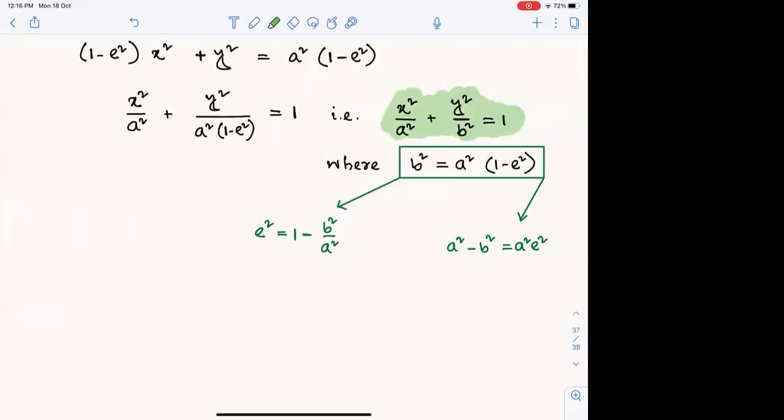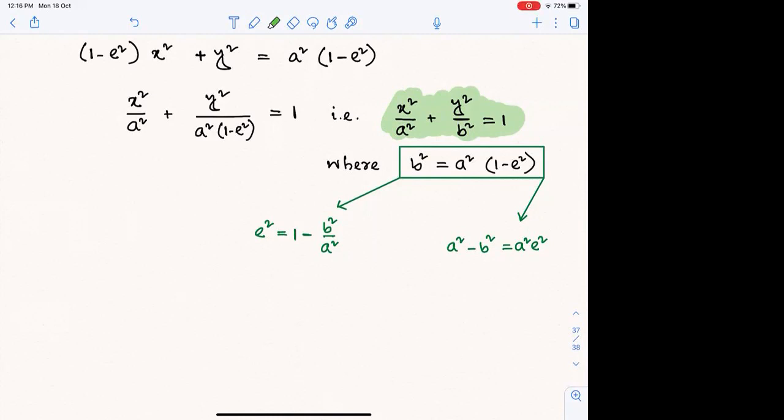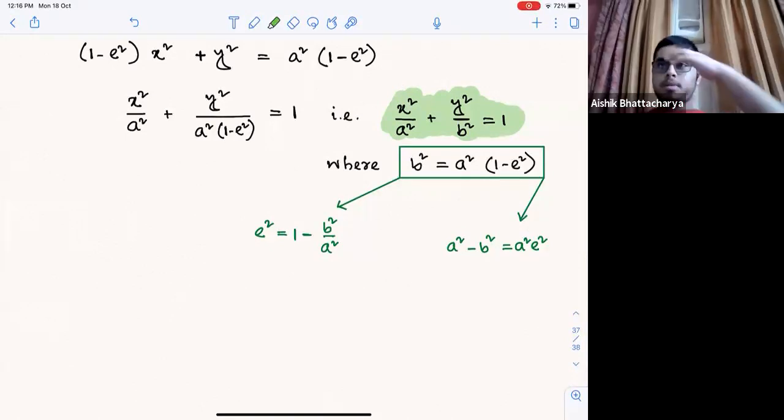Because replacement of y with minus y does not make any change. So what we are going to get is symmetric about the x-axis. Is that okay with everyone? Moreover, if I replace x with minus x, still no change happens. So what we are going to draw must be symmetric about the y-axis also, right?